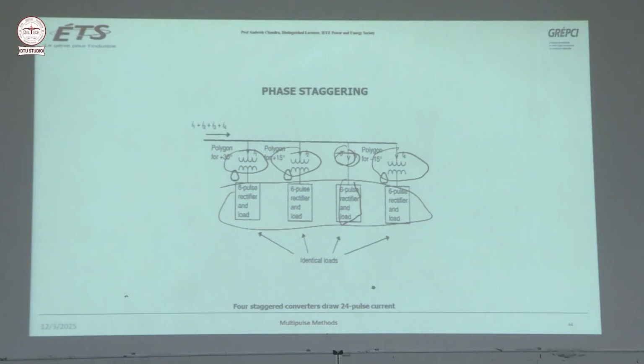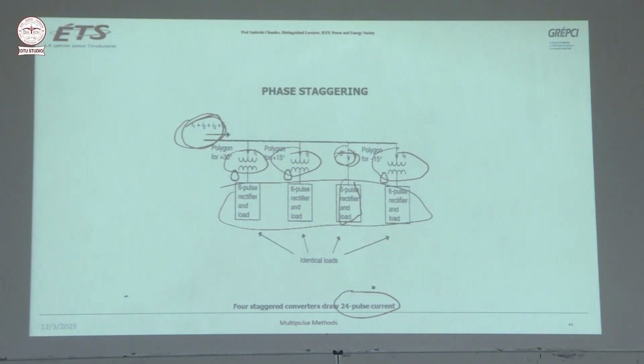So this is how you can have 15 degree phase shift between the converters. And finally it will give you 24 pulses here. So up till the 23rd harmonic they are already eliminated. So minimum harmonic is the 23rd harmonic. So you can see it will be very good.